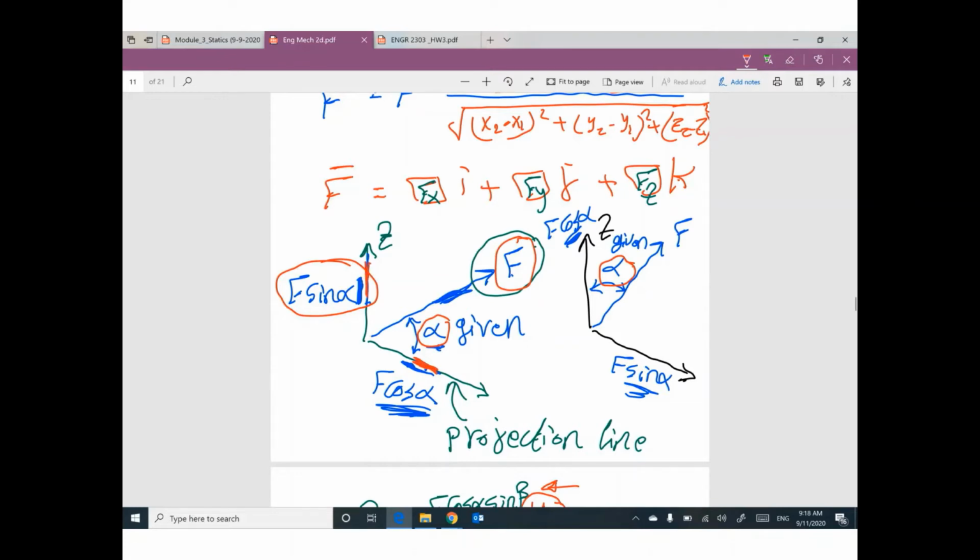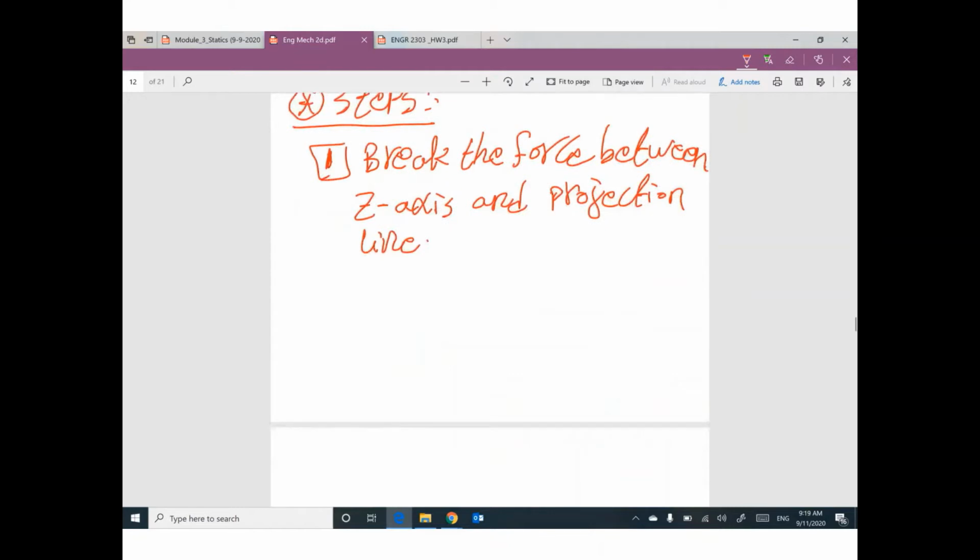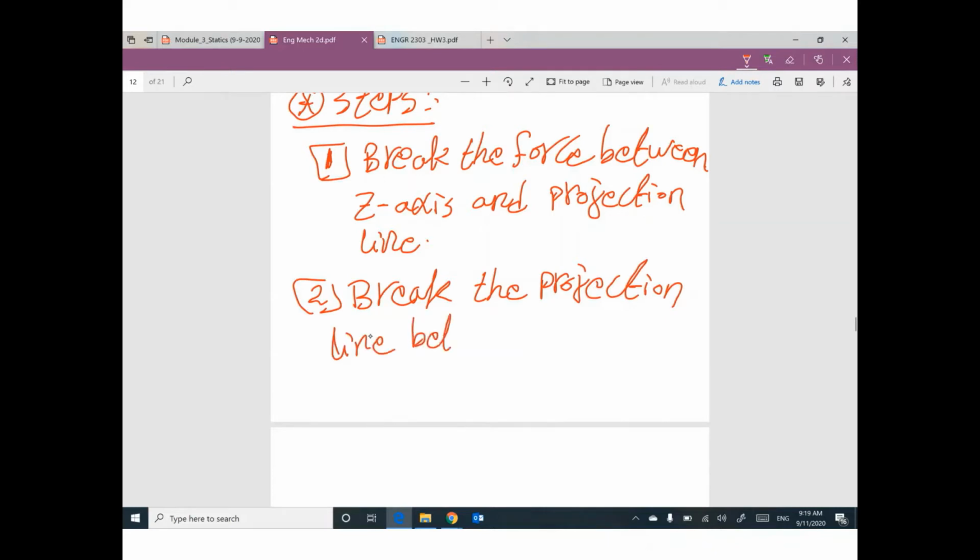Then we have a value for the projection line. Go ahead and break this value to the X-axis and Y-axis using another given angle between the projection and one of them, X or Y. So second step, break the projection line between the X and Y axis.